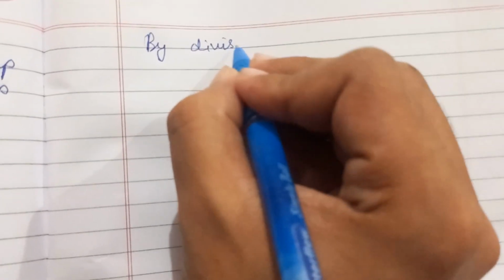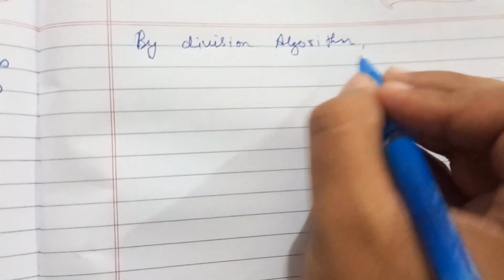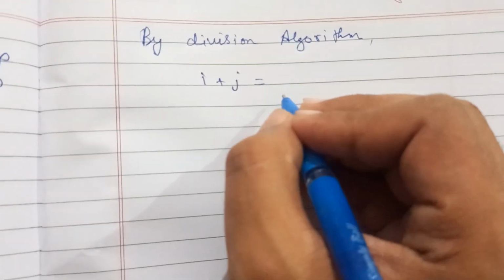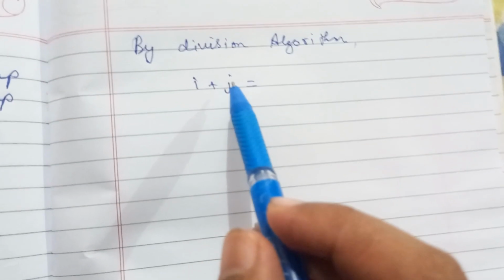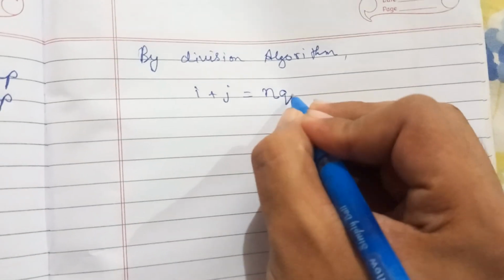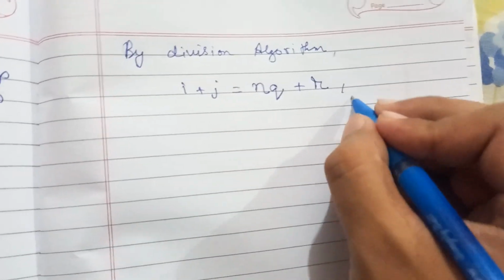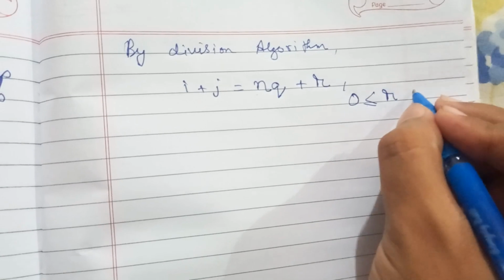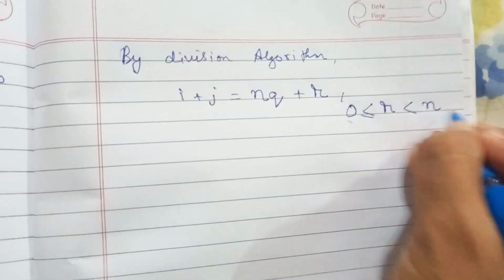Here we will have to use the division algorithm. By the division algorithm, we get i plus j equal to n into some integer q plus r, where r is greater than or equal to 0 and less than n.